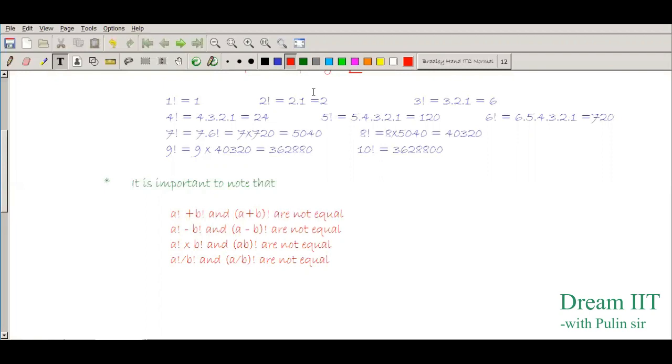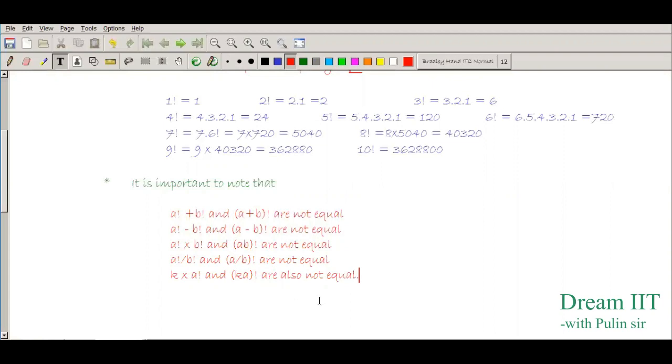And at last, if there is a constant k and I multiply with a factorial, using the cross sign, k times A factorial is also not equal to k A whole factorial. So please be very, very clear about these small things.